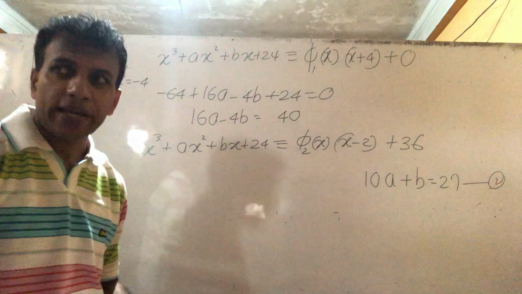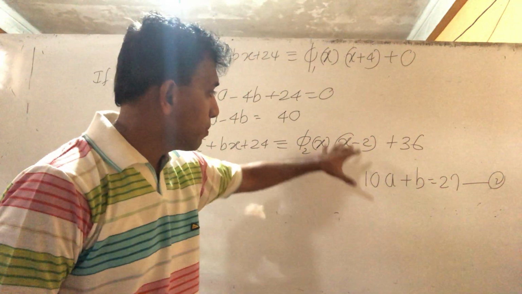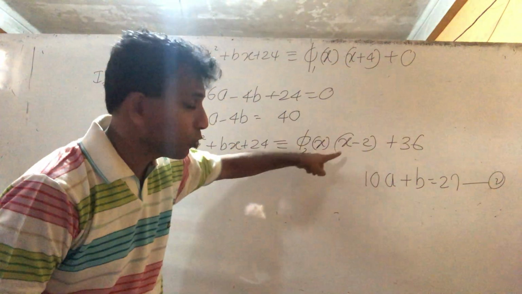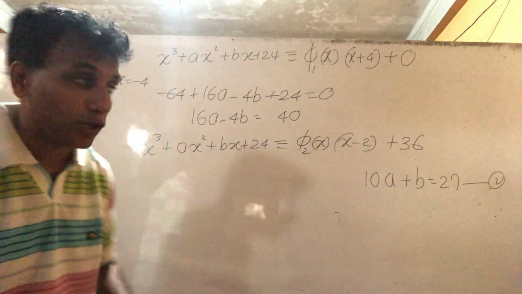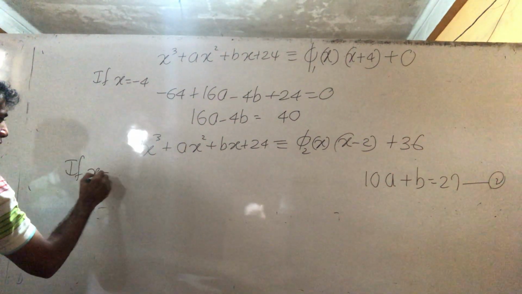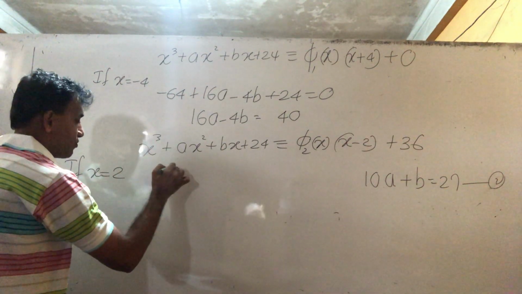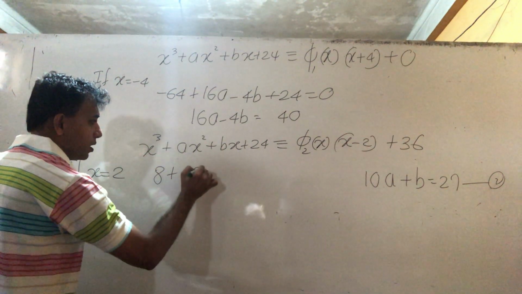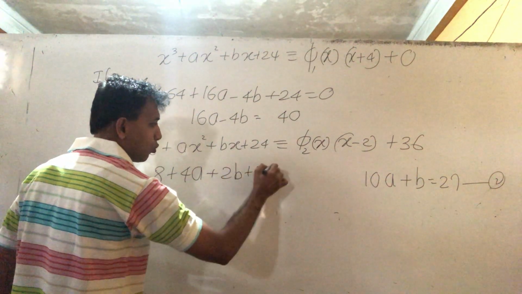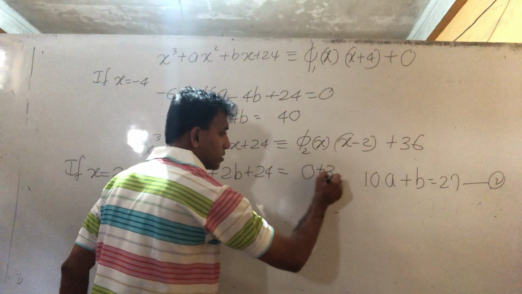So in the remainder theorem question, we won't think about the quotient part. So make this part 0. Put x for 2, it becomes 0. So if x is 2, this is 8 plus 4a plus 2b plus 24 is 0 plus 36, right?